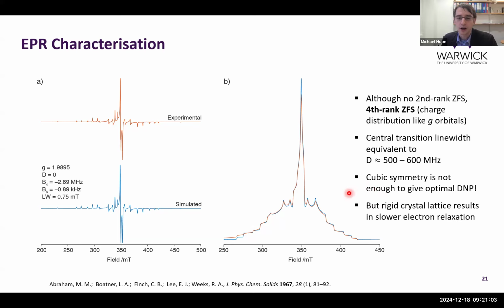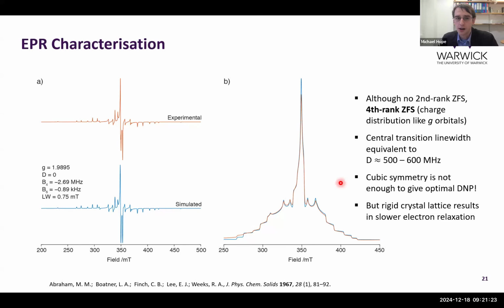The second thing to understand is, well, why, if the central transition line width is more or less the same between the organic complexes and this crystalline material, why is the DNP 3 times better in this case, or at least double?